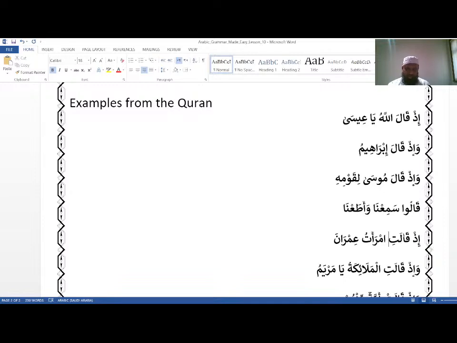They give Quranic examples. The point I'm making here is the Quran will also teach us isms, mudhakkar or muannas. If we concentrate a little bit, we will know if the ism is used as mudhakkar or muannas.